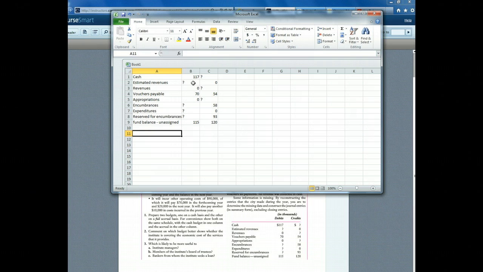So the first journal entry we know we need to do is estimated revenues of 120, and we know then we'd have fund balance unassigned of 120, don't we? Don't we know that?